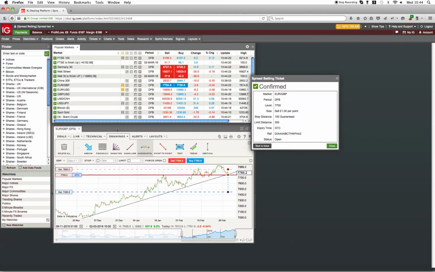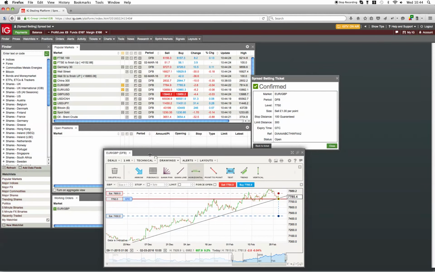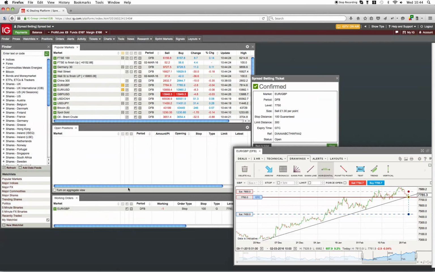And then you can check your orders. Let's move this out of the way. If we look at working orders, we've got euro pound -1. It's working it. It's not filled yet. That would appear in the open positions. There's a stop, which means it's going to sell once it gets to that price.